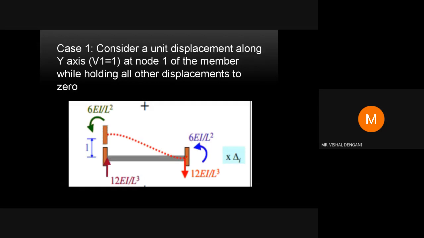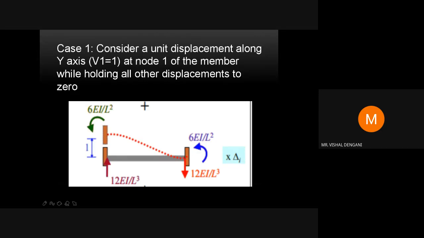That is in the anti-clockwise direction, 6EIδ/L², at both ends of the member.